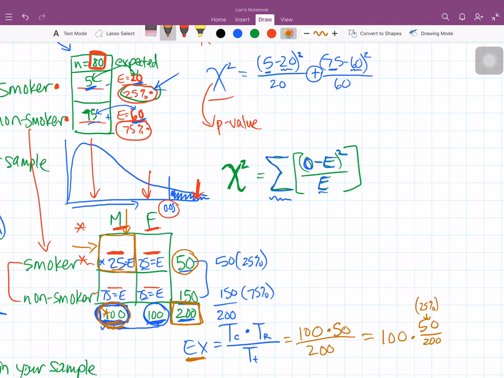So that's calculating the expected. Now you know how to calculate expected for both chi-square goodness of fit and chi-square test of independence. Now, in terms of calculating the chi-square for this particular example, we would need to know what the observed is for each of these combinations.